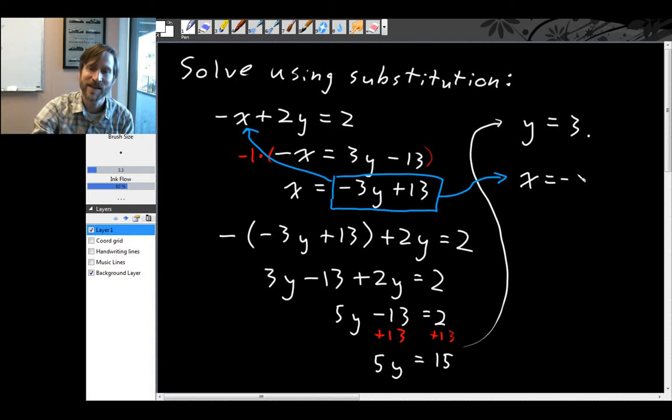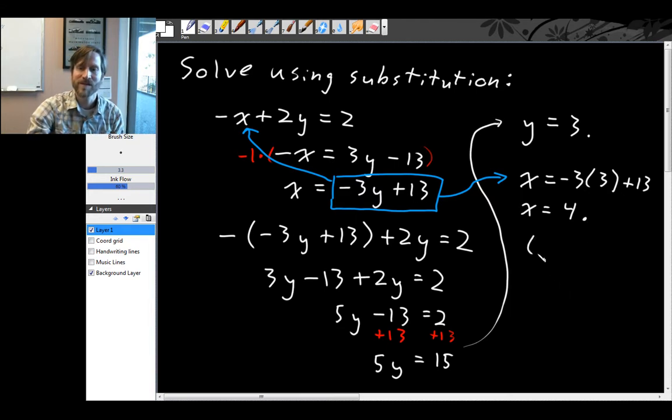So we get x equals minus 3 times y, which we now know is 3, plus 13. And then just do this arithmetic. Negative 3 times 3 is negative 9, plus 13 is 4. All right, so that means the point that is our solution to this system of equations is the point (4, 3).